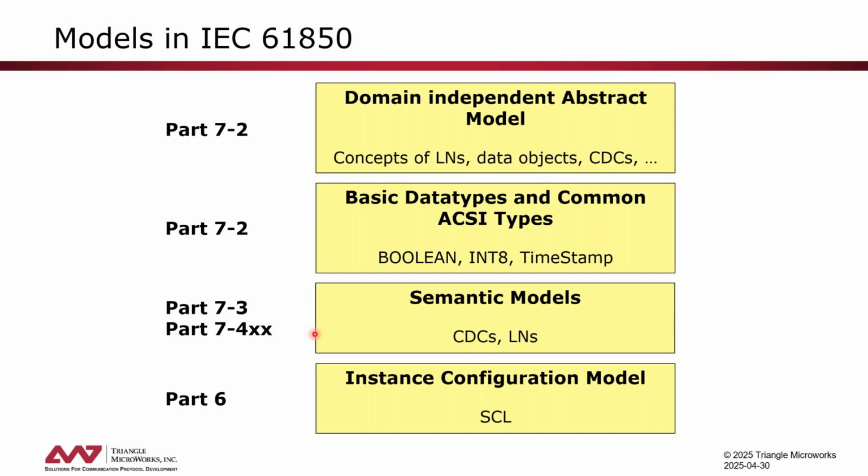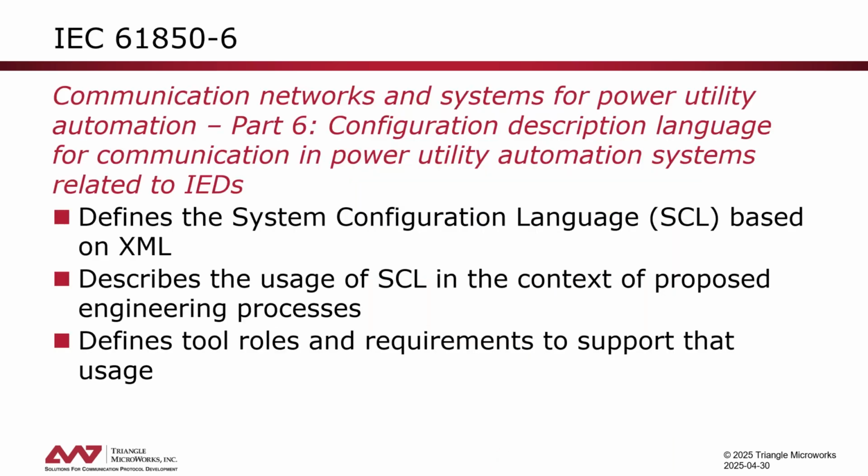But we also have in 61850 elements to describe how we configure the system. So how many logical devices, how many logical nodes does an IED have? We can also represent that in 61850, and that's what we call the instance configuration model, and that's what we also call the system configuration language, and that's defined in part 6.